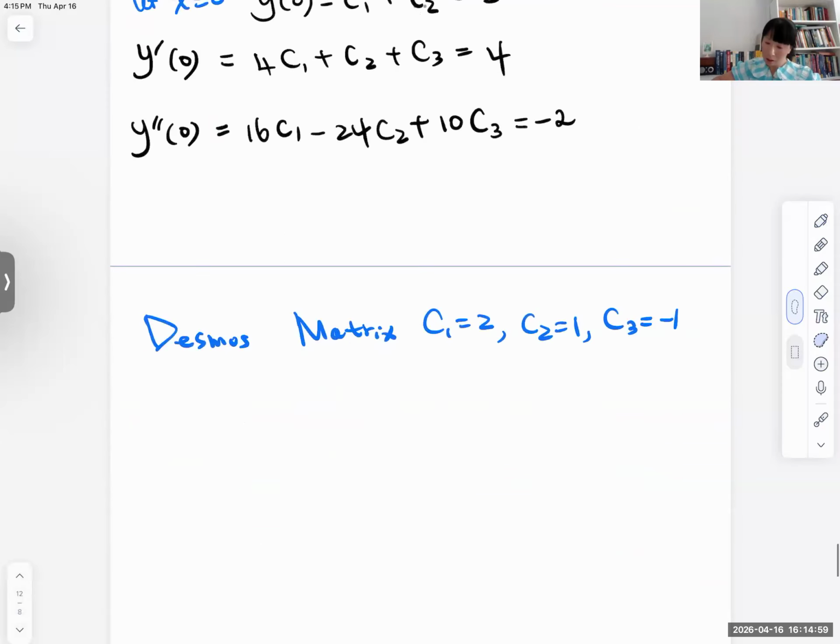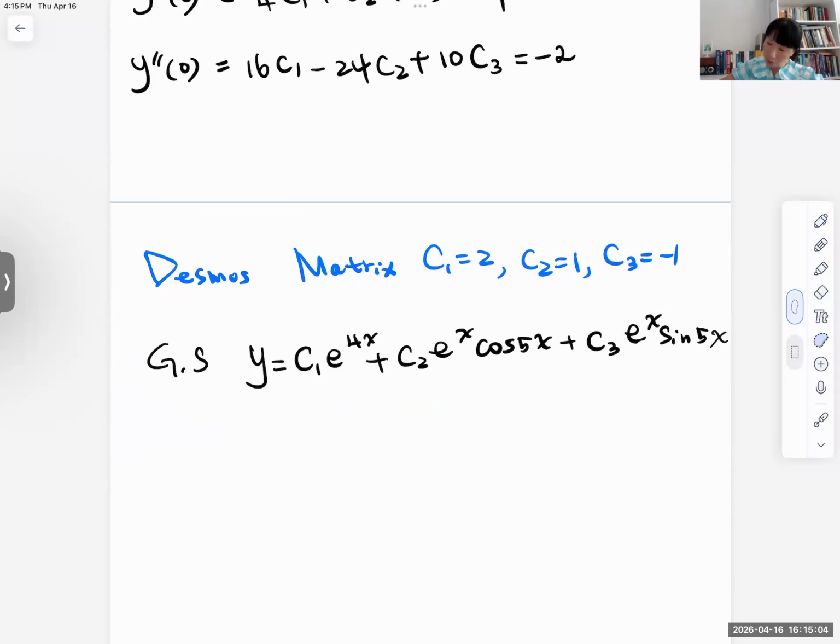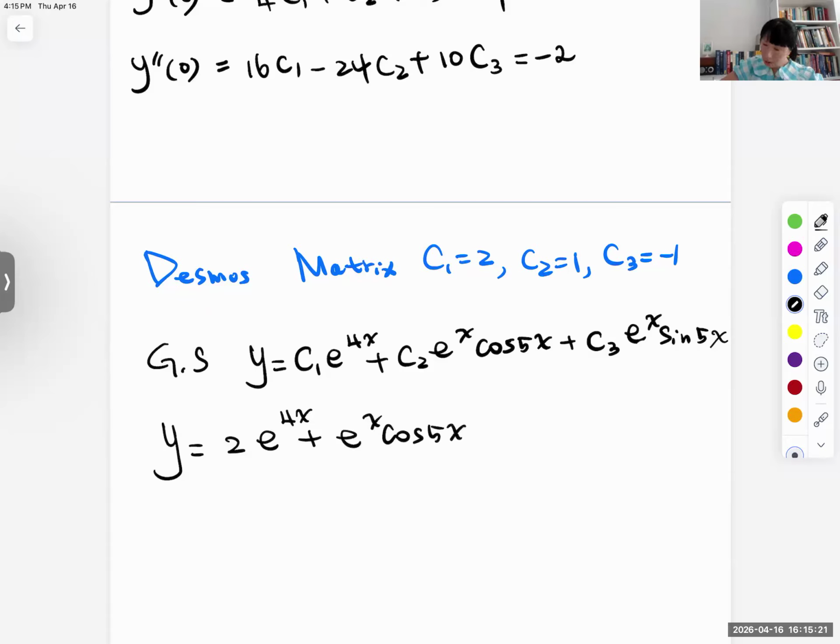Copy here. Okay, so there will be c sub 1, we have 2 e to the 4x plus c sub 2, 1. So we don't have to write down cosine 5x, minus 1, so negative c sub 3 is negative 1, so e to the x sine 5x. That is a particular solution.